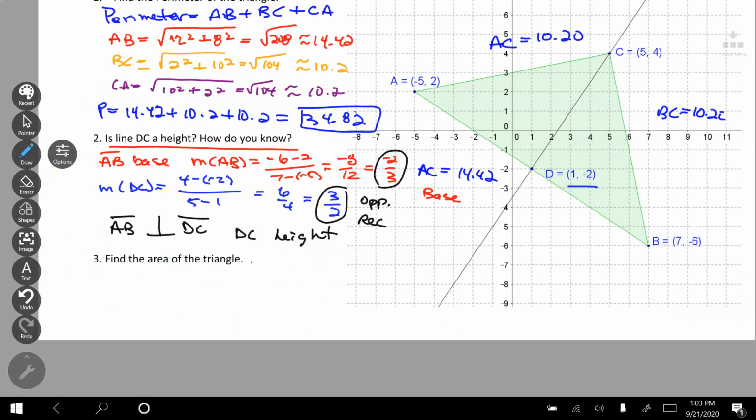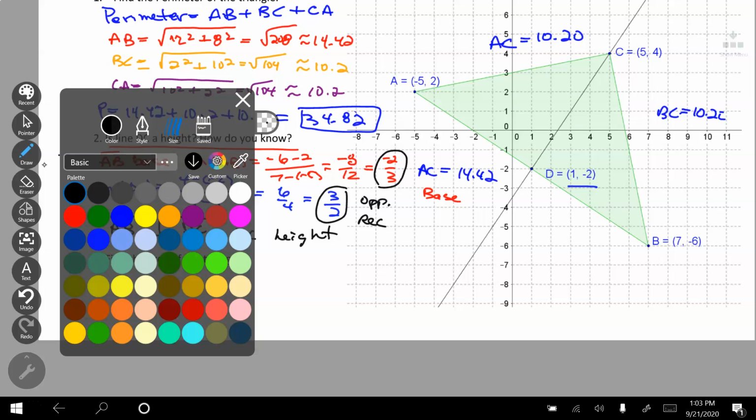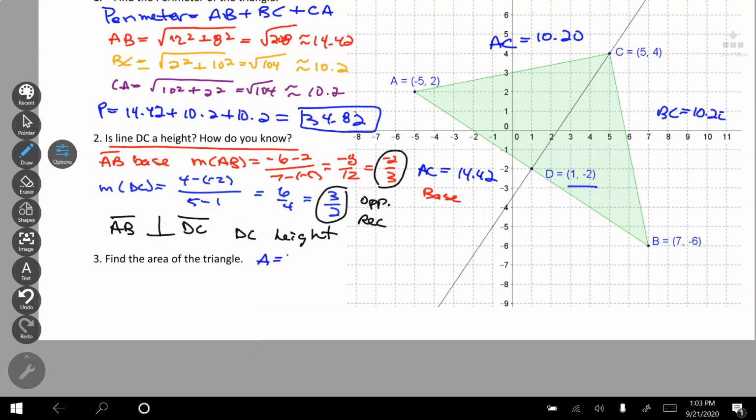Okay, now I have to find area of the triangle, and area is just 1/2 times base times height. Well, the base AB, already figured out, is 14.42, or better yet, the square root of 208.